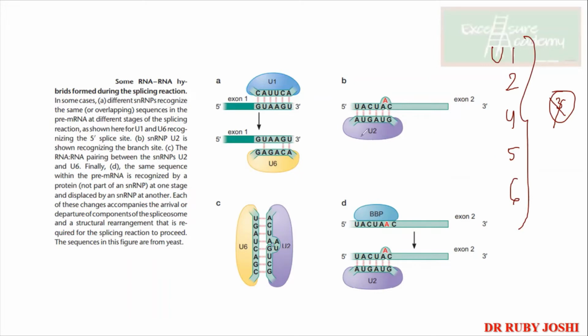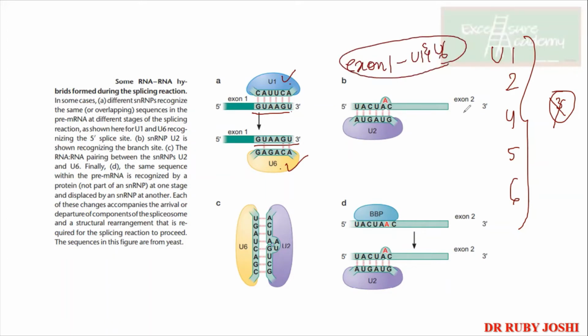Now you can see that exon 1 can interact with U1 and also U6. Can you see? It is the same sequence of the exon, but it can form complementary base pairing with both U1 and U6. Exon 1 is with U1 and U6.